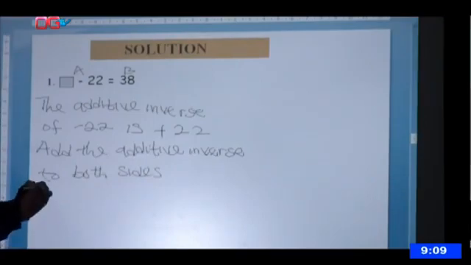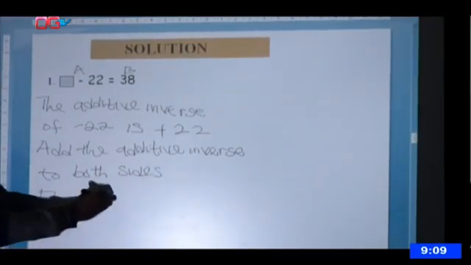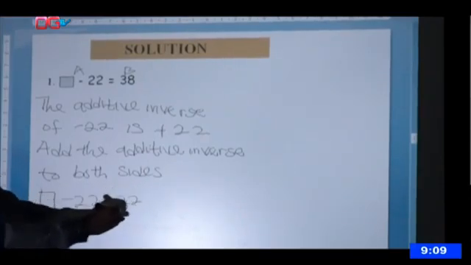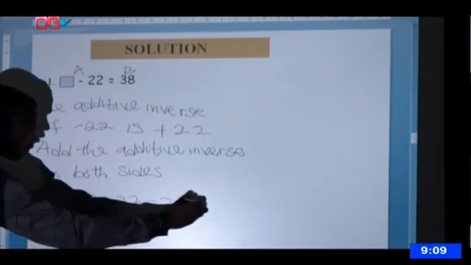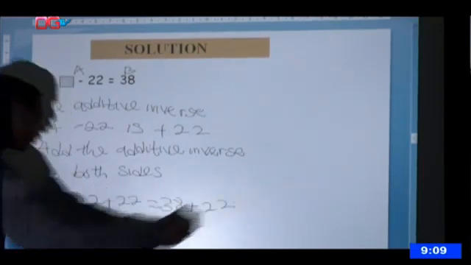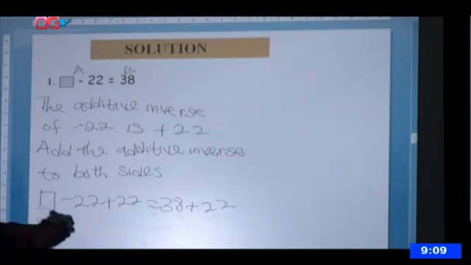So we have box minus 22 plus 22 equals 38 plus 22. Good. Minus 22 plus 22 will give us 0. So what do we have left here?